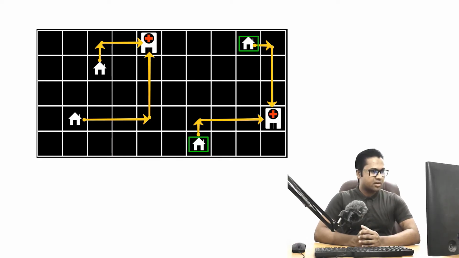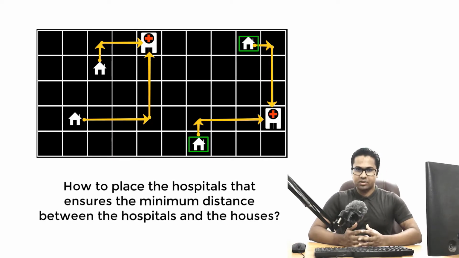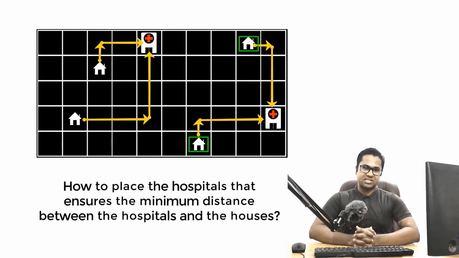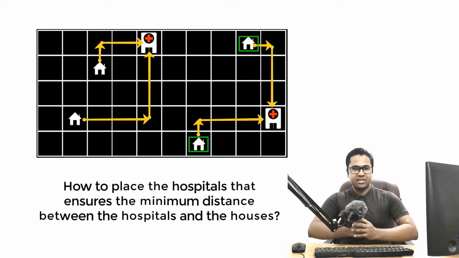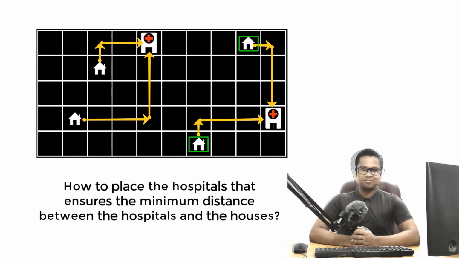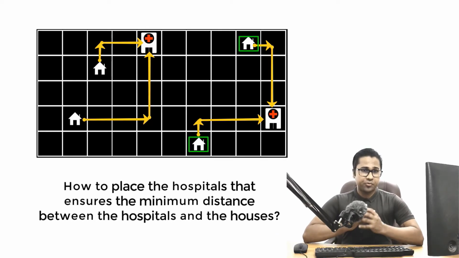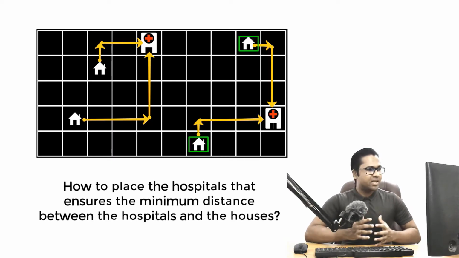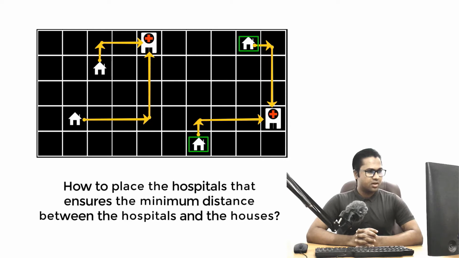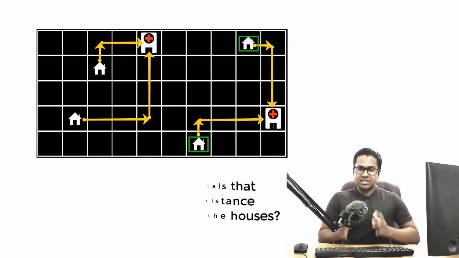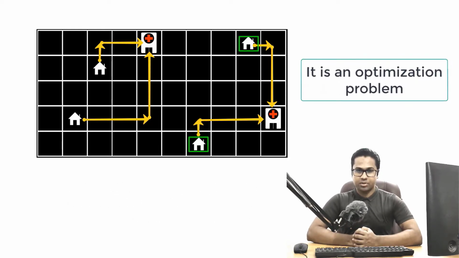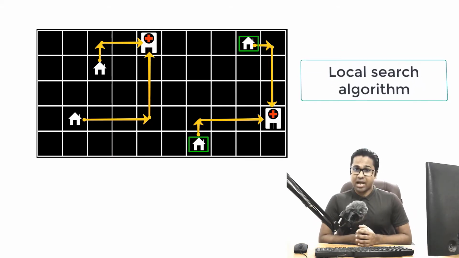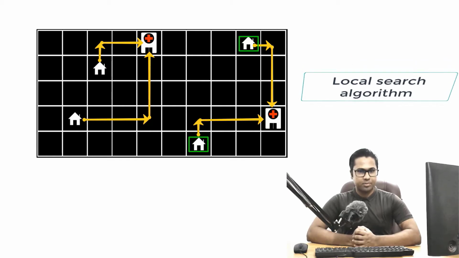The question is how to place the hospital in such a way that ensures minimum distance between the hospital and the houses. So we're trying to figure out the best location of the hospital to minimize the distance. So without any doubt, this is an optimization problem. That means we have to use a local search algorithm to solve this problem.